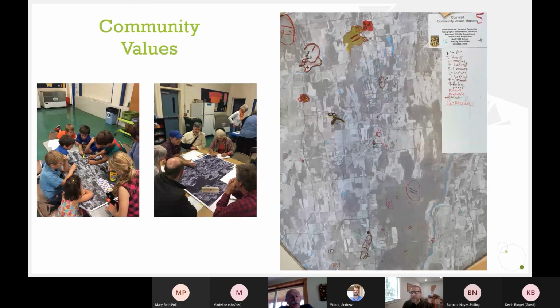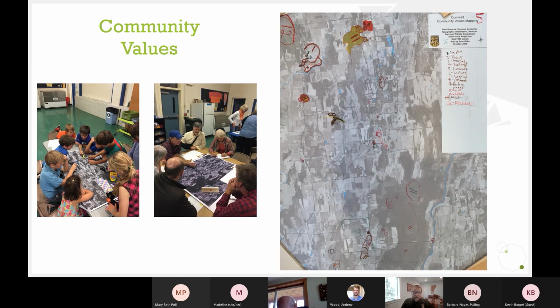Another important piece of the work of a conservation commission is understanding community values. I highly recommend this activity for particularly new CCs. Again, to build trust on the part of the townspeople that you are operating in their best interest.